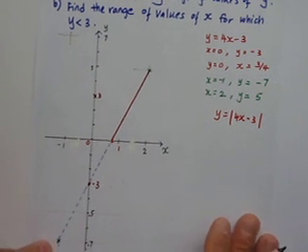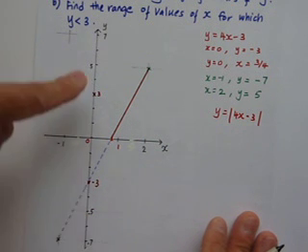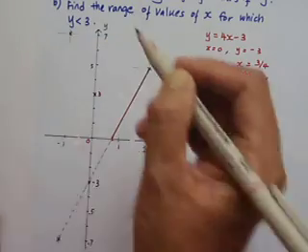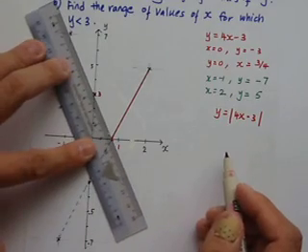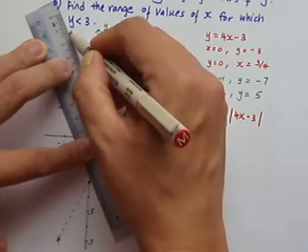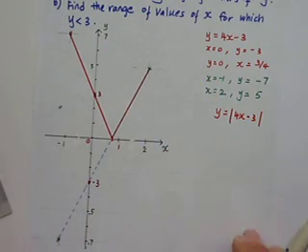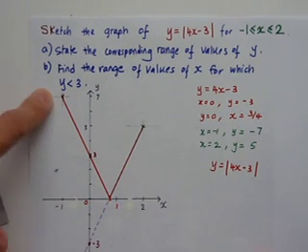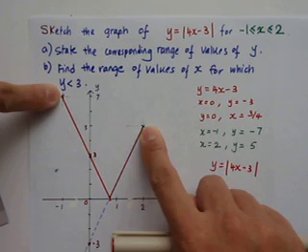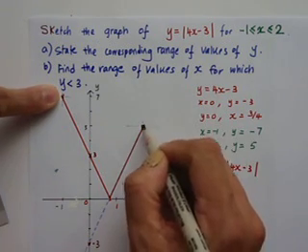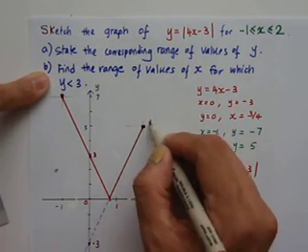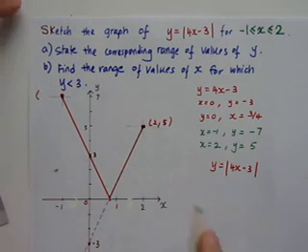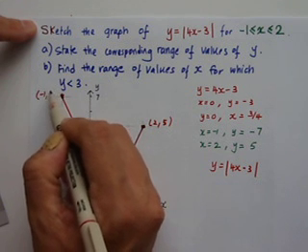And -7 will be reflected to 7. Hence, we have a very typical V-shaped graph, and in this case, the two endpoints are well defined. This is (2, 5), and this is (-1, 7).